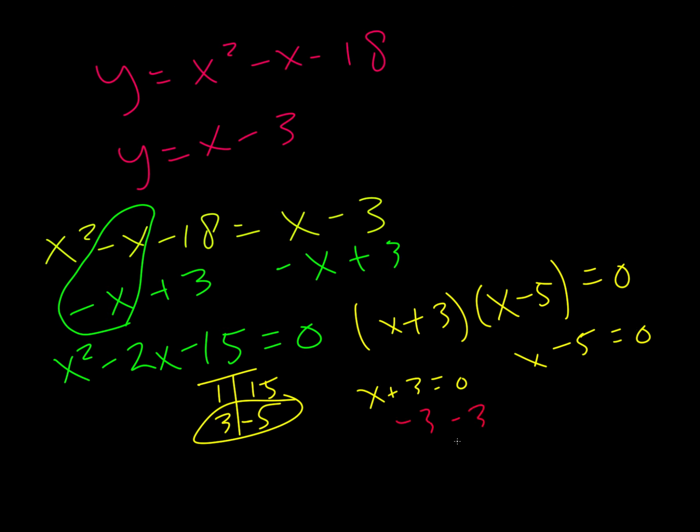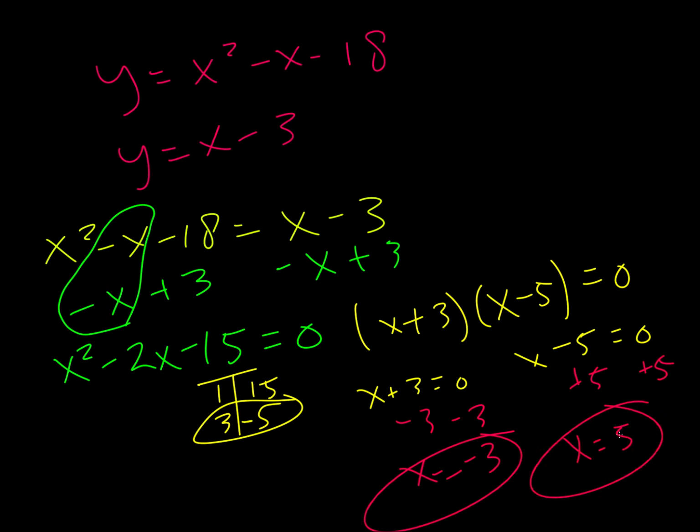And we subtract 3, so x equals -3. And then we add 5, and x equals 5. Now, those are the two x values of where the functions cross. And if you remember from earlier in the video, we saw that.